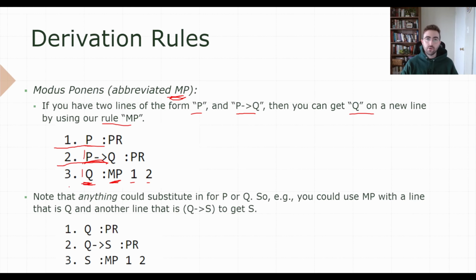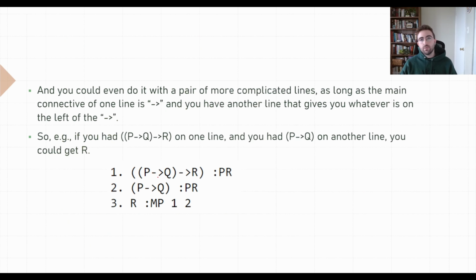Now you should also note that anything could substitute in for P or Q in these scenarios. For example, if you have Q and you have if Q then S, then you can get S by using modus ponens. See how it looks basically the same. All we did was substitute in different letters for P and Q. But you could also do it with more complicated lines, as long as the main connective of the line is the arrow, the if-then, and you have another line that has whatever is on the left of the if-then.